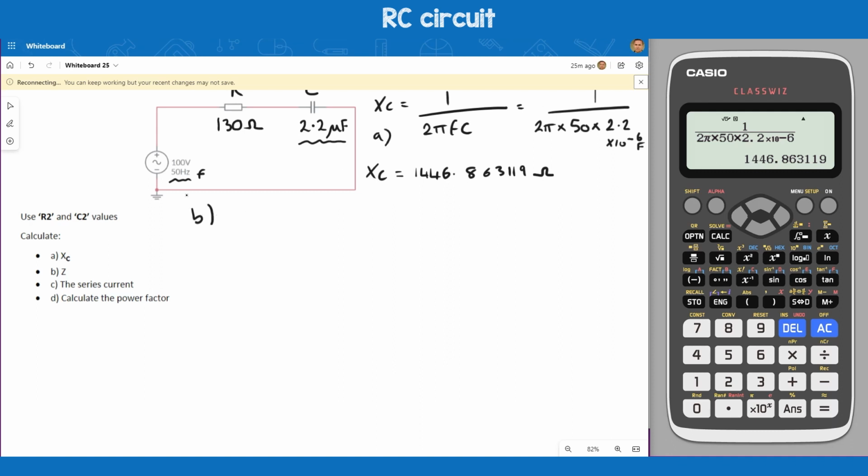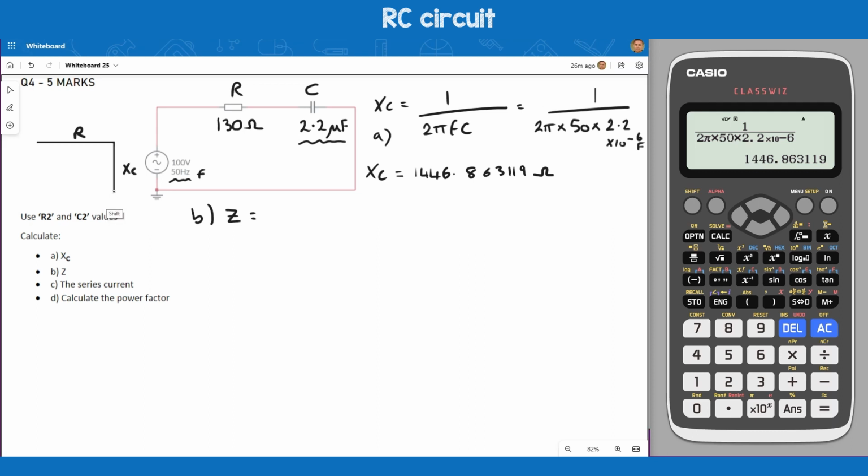Part B, we find the impedance. So here we have the resistance R, and down here is the capacitive reactance that we just worked out, and then the impedance is the sum of the two, but you can't just add one to the other, we have to use Pythagoras.